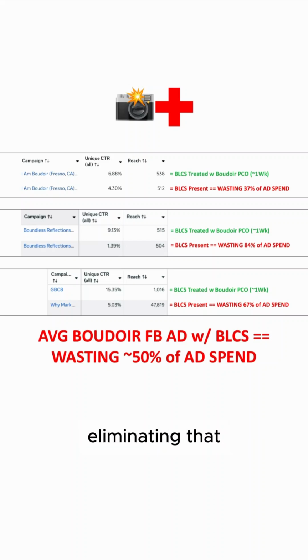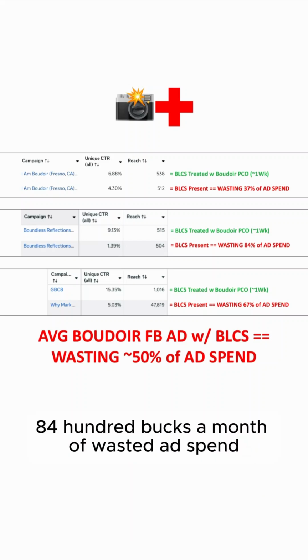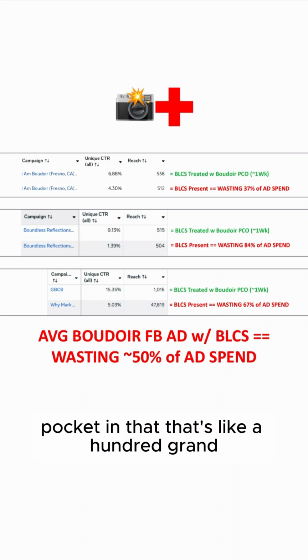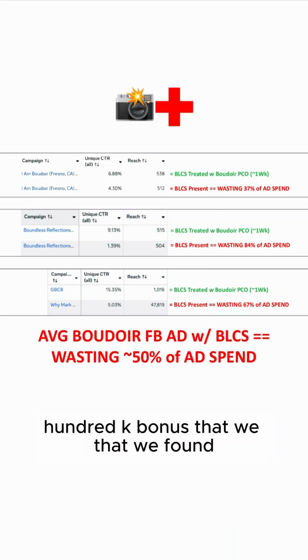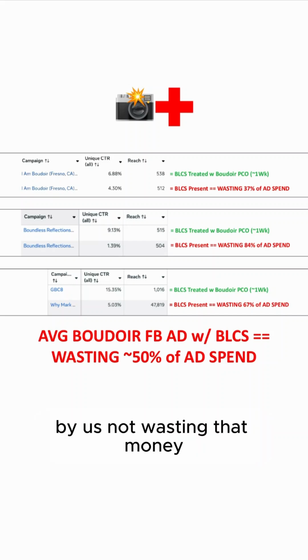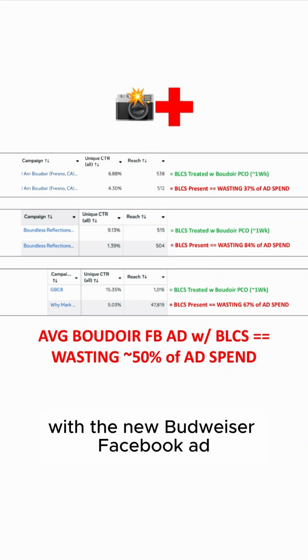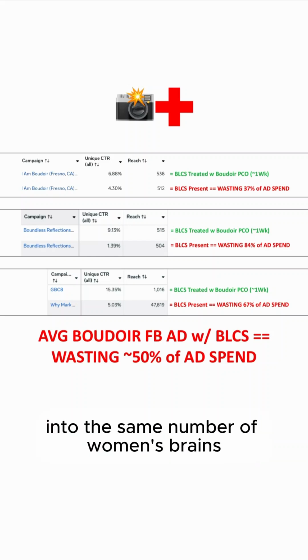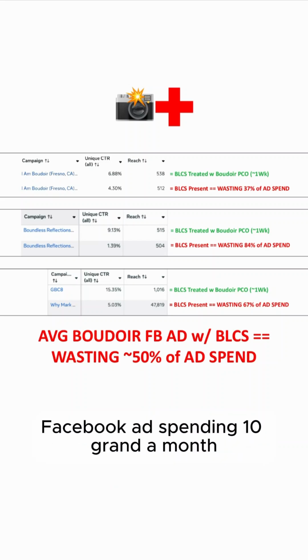So what are we doing here? Eliminating that $8,400 a month of wasted ad spend, pocketing that. That's like a 100K bonus that we found by not wasting that money and spending $1,600 a month with the new Boudoir Pico treated ad. We're getting our ad into the same number of women's brains as the original Boudoir Facebook ad spending 10 grand a month.